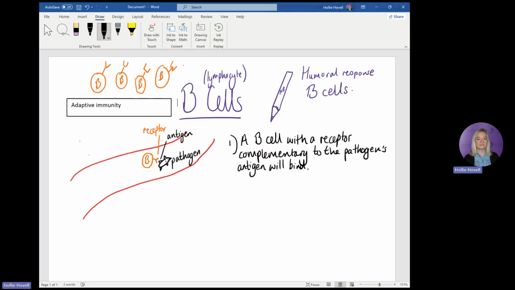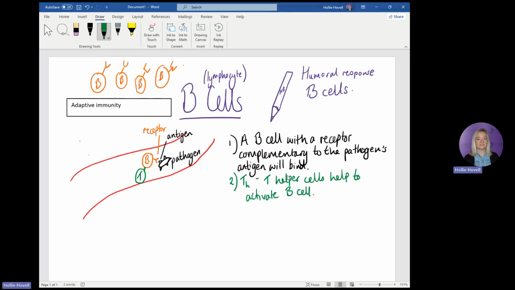Now, we have to jump ahead a little bit here because T cells can actually help with this. Okay, so we could draw a T cell here as well, helping out. Okay, so step 2, we can say TH, which stands for T helper cells, help to activate the B cell.